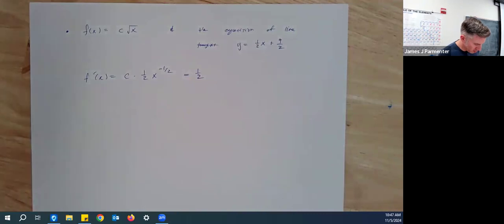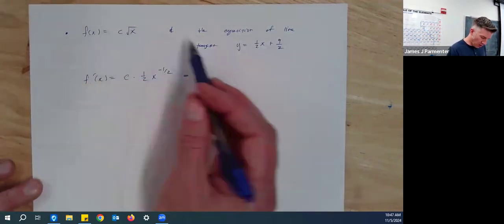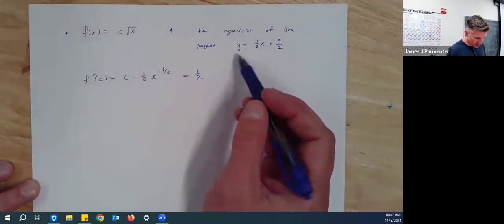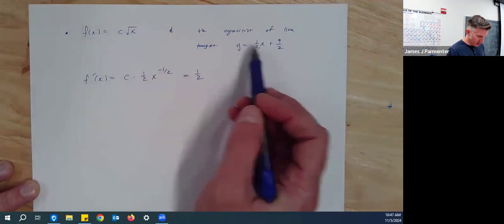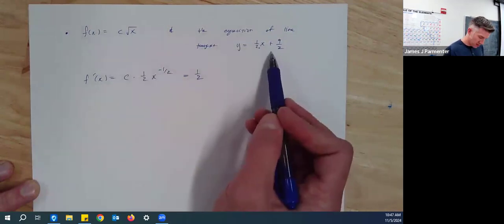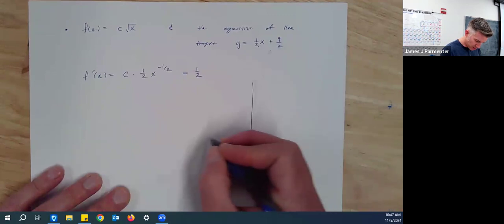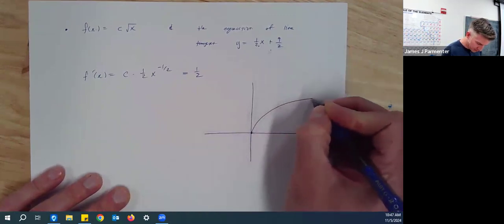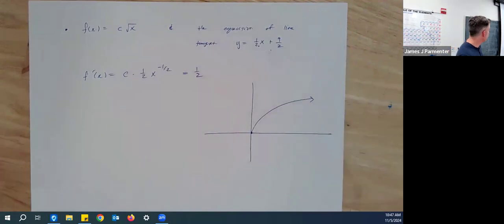Right, we want this to equal 1/2. And we also know that we want our y value, so whatever x is, you should get the same y value here and here. Let's think about the picture for a second. This is essentially looking like this. And I do know it goes to the origin because it's c comma root x.